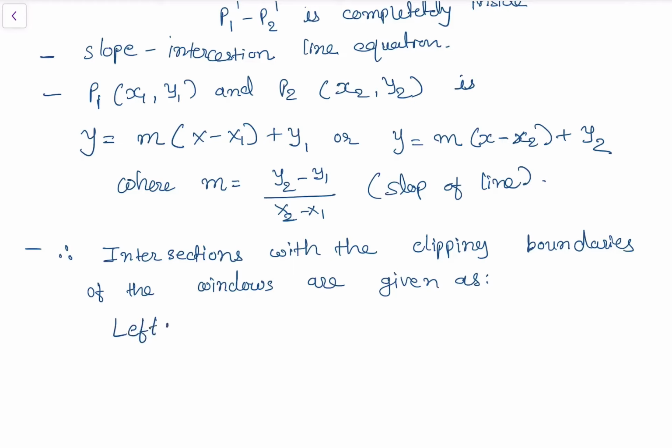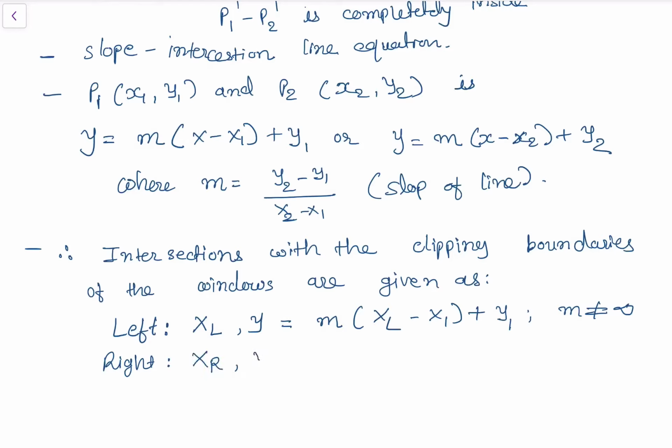First of all, we make the equation for left, that is (xl, y) where y = m(xl - x1) + y1, m is not equal to infinity. Similarly, for the right boundary, that is (xr, y) where y = m(xr - x1) + y1, m is not equal to infinity.